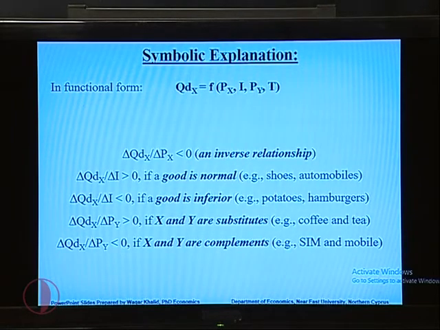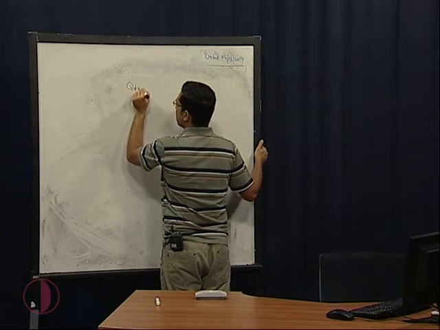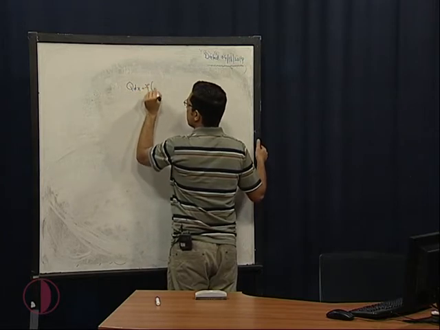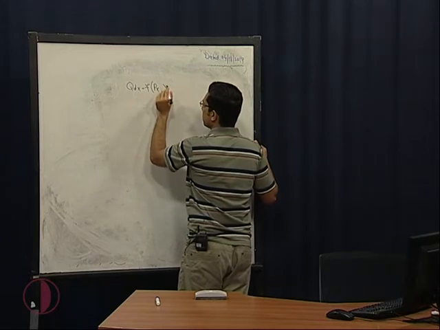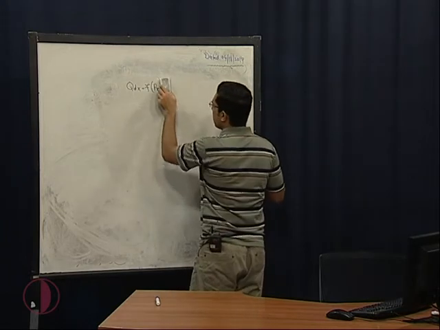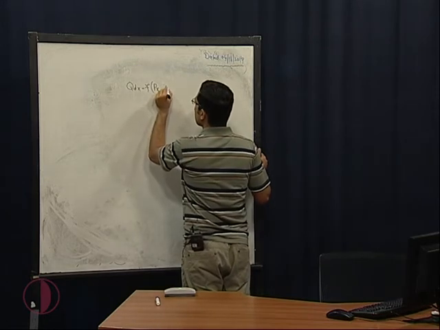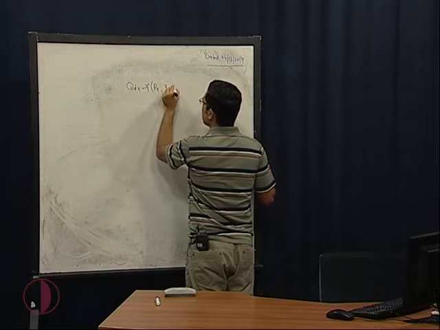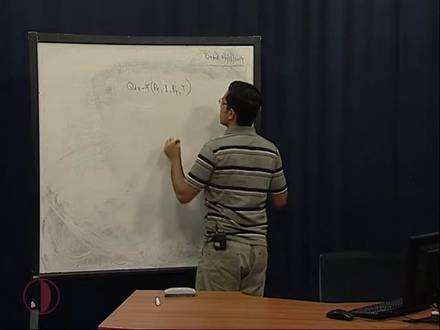So, let me write it again: quantity demanded of commodity X is a function of price of X, income of the consumer I, price of related commodities, taste, and so on.